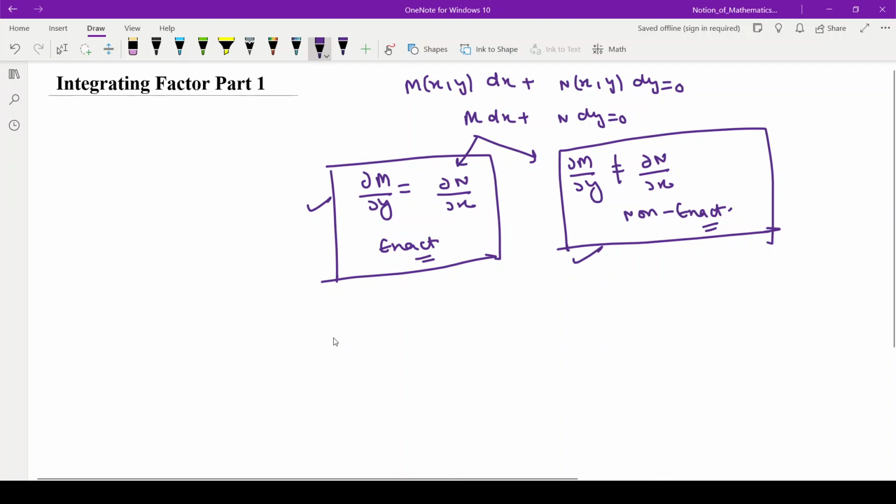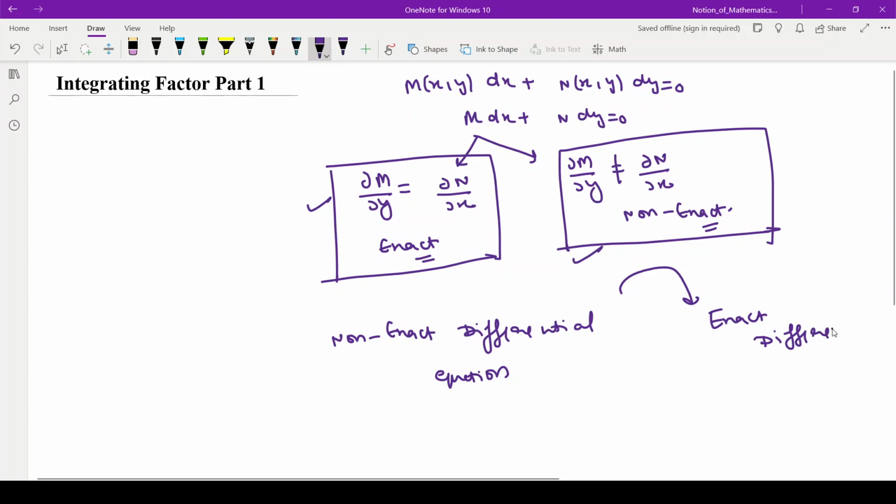First of all, we will convert the given non-exact differential equation into an exact differential equation. So what is the process? We will convert the non-exact differential equation into an exact differential equation.